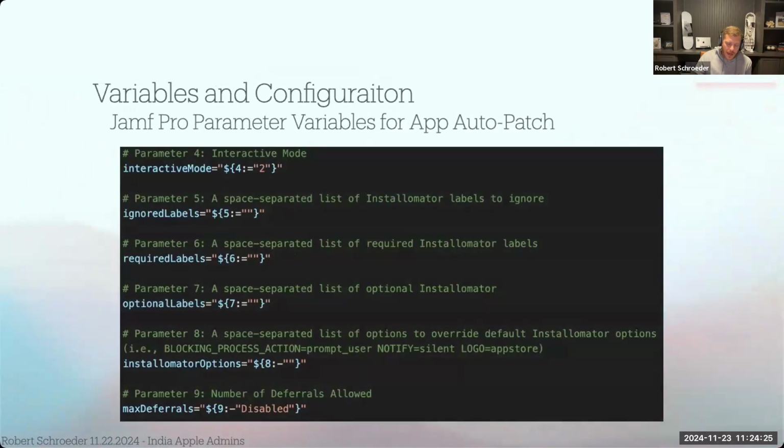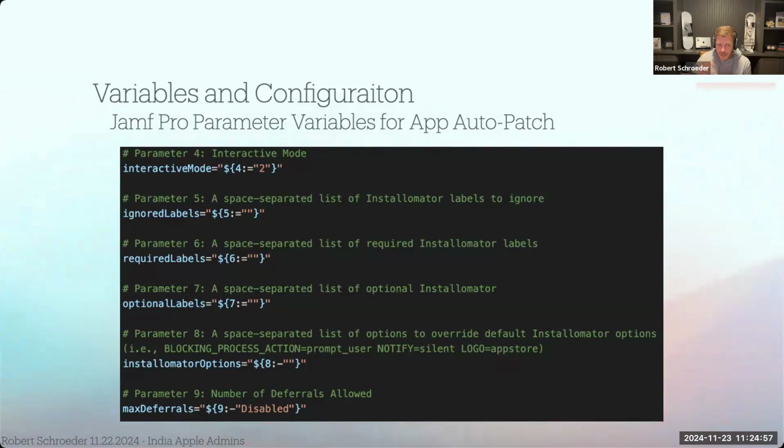So when we're adding the script to Jamf, there are a set of variables to use in the Jamf parameters to make the patching scenarios customized to your environment, right? So the first parameter, we have parameter 4. This is for the interactive mode. You can set this to 0 for silent, 1 for silent discovery and interactive patching, and 2 for completely interactive.